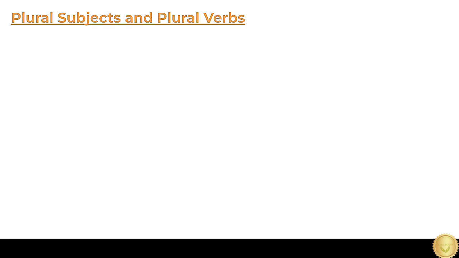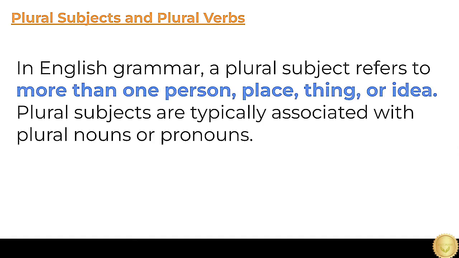Okay, now let's look to the plural subjects and the plural verbs. So, a plural subject refers to more than one person, place, thing, or idea. And plural subjects are typically associated with plural nouns or pronouns. So, like we were looking before at the singular nouns and pronouns, now we're going to highlight their plural counterparts.